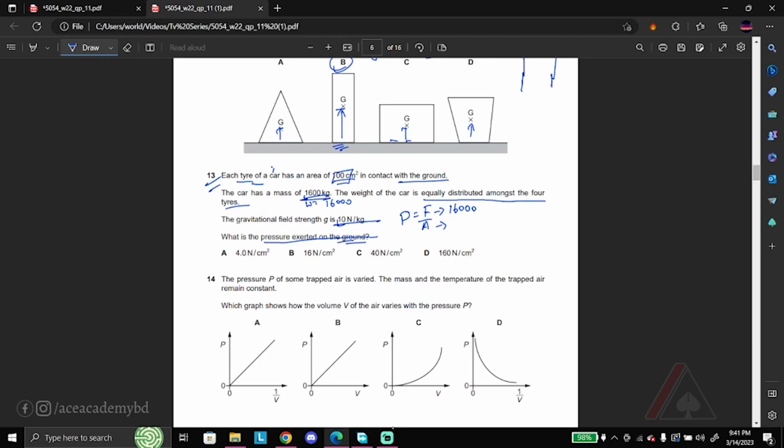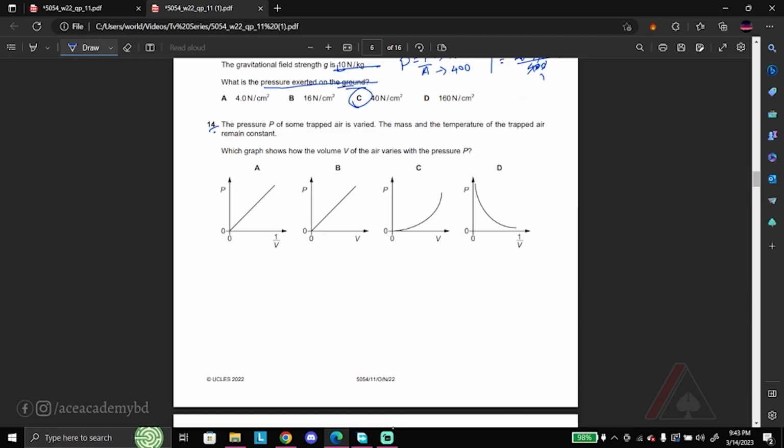Since the car has 4 tires, the area will be 4 into 100, which is 400 cm². Now if you equate these, you'll get 40 N per cm². So C is the answer.